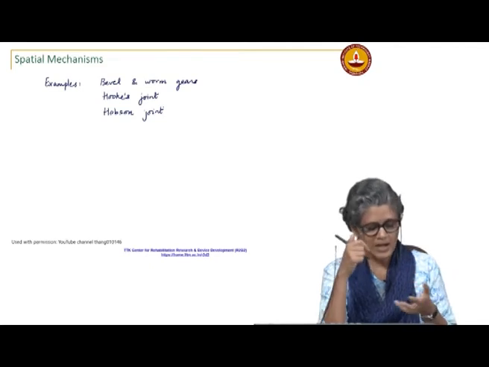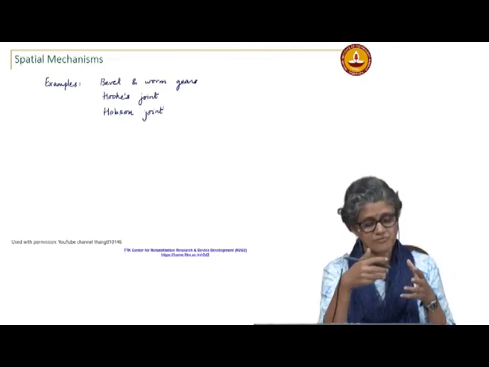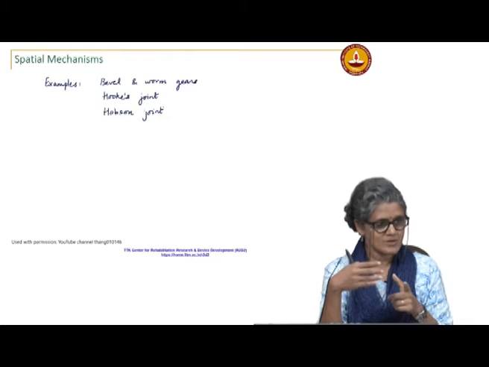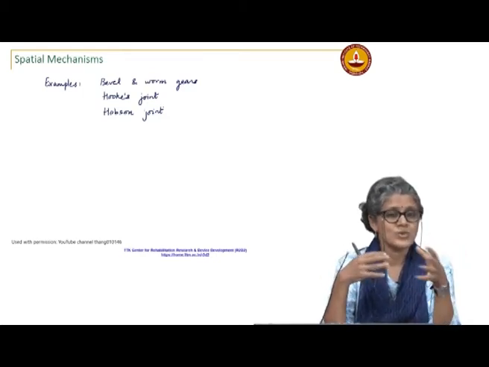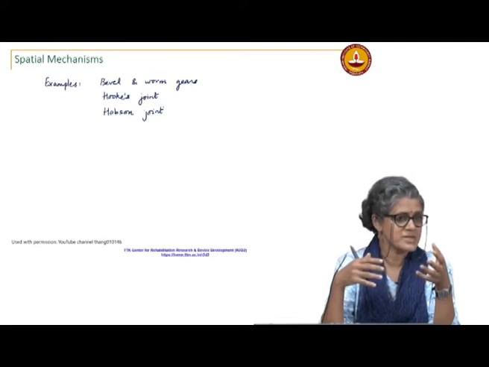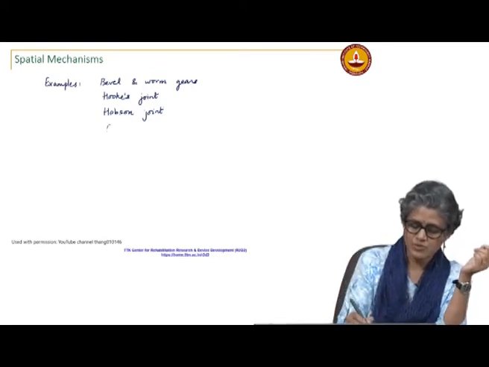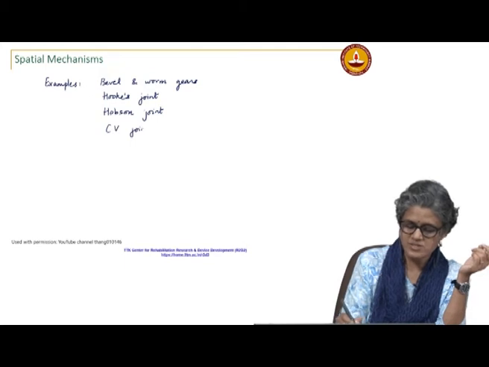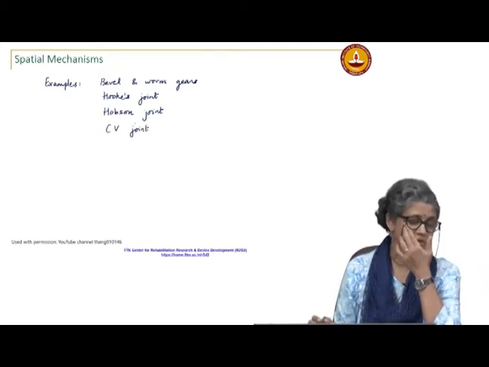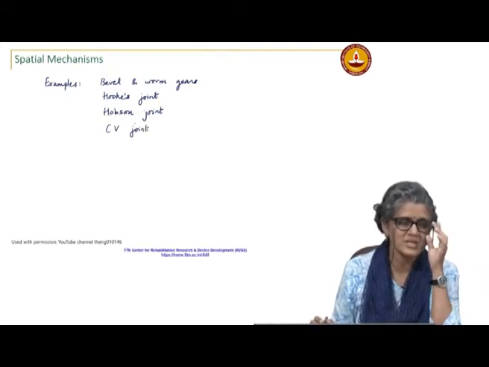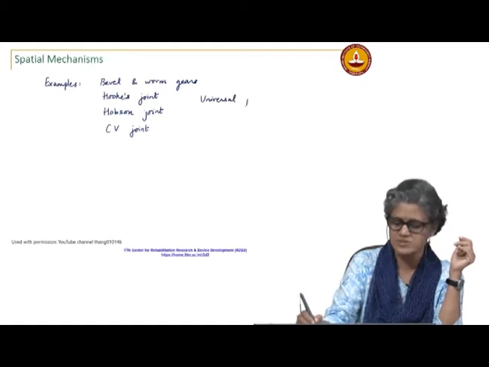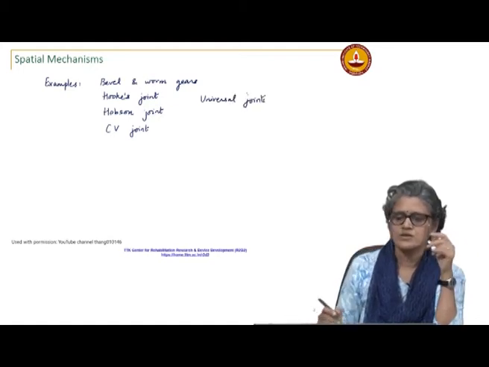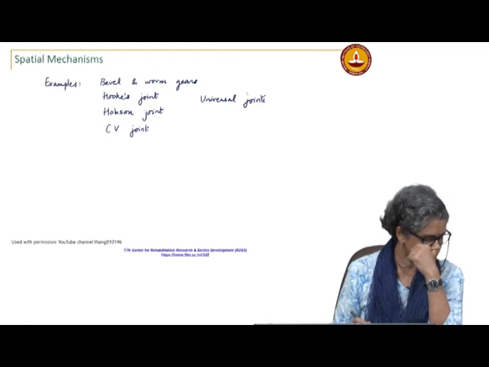Even if the shafts are expected to be somewhat aligned, you may use something like this to take care of any misalignments in the shaft. You do not want things to bind up. Hook's joint is not constant velocity, but any constant velocity joint, and in general the universal joints, U joints, all fall under these.